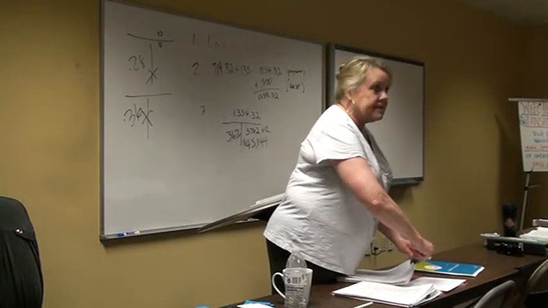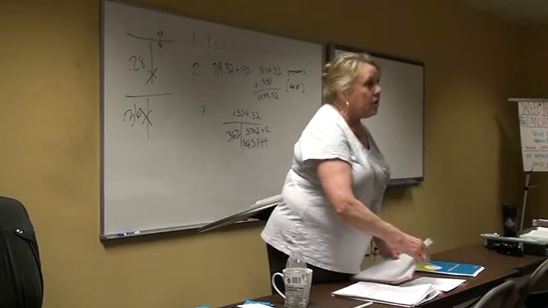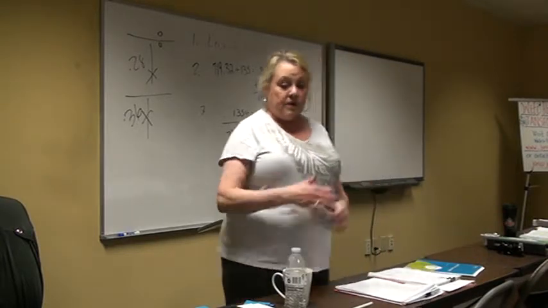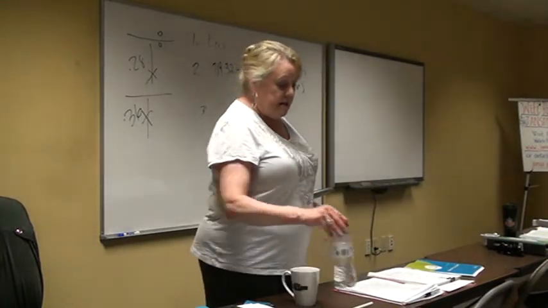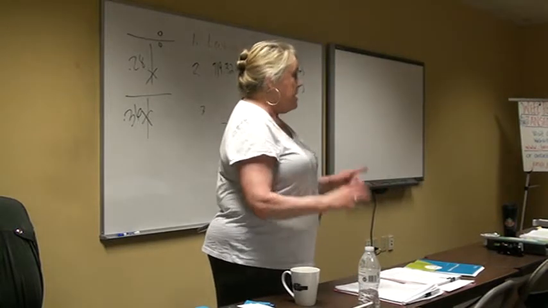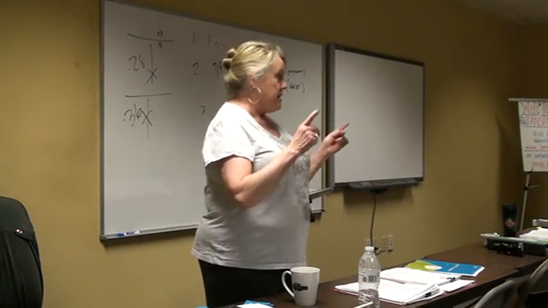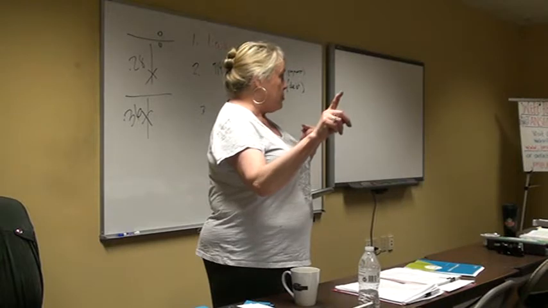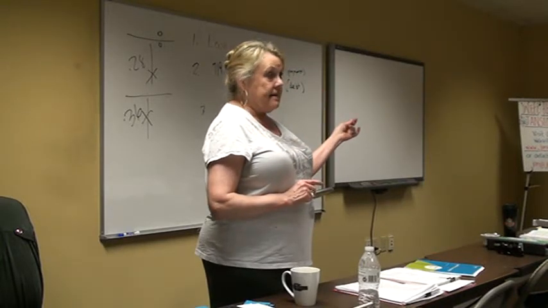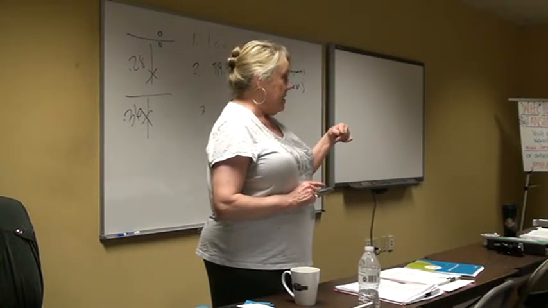I'll tell you all about that another time. But the real estate commission and the appraisal board got into some discussion over that, where the appraisal board said your brokers are acting like appraisers, and they don't have a license.